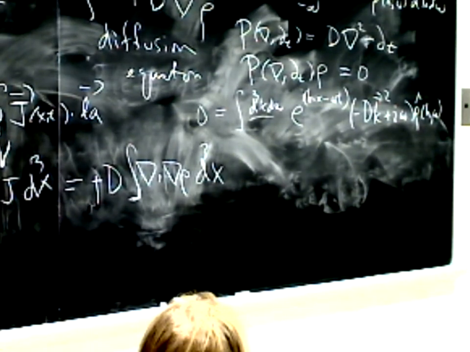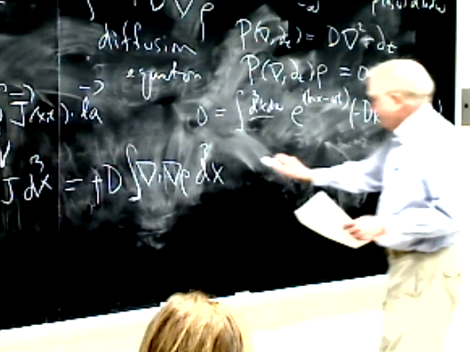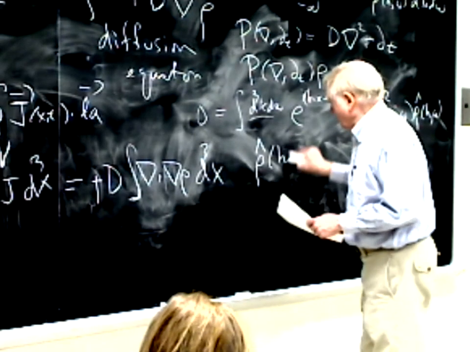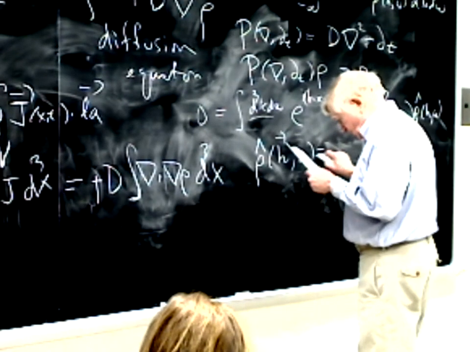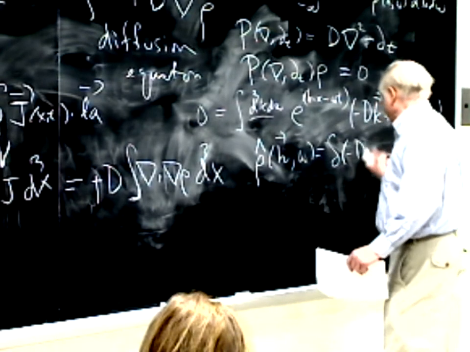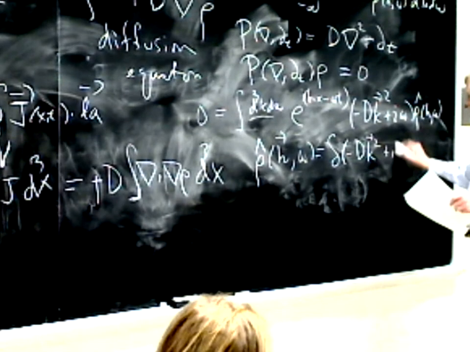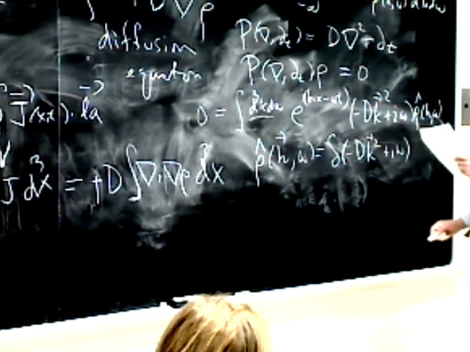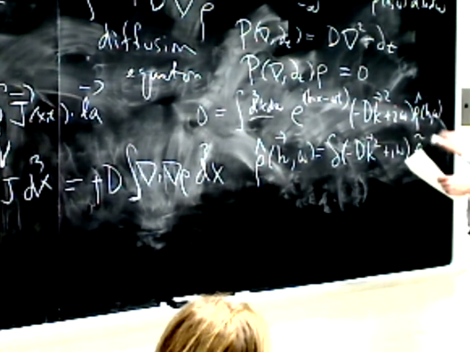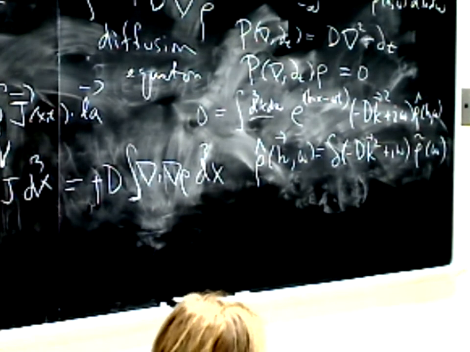And so the solution then is that rho hat of k and omega is equal to delta of minus d k squared plus i omega, times rho tilde of, say, omega.